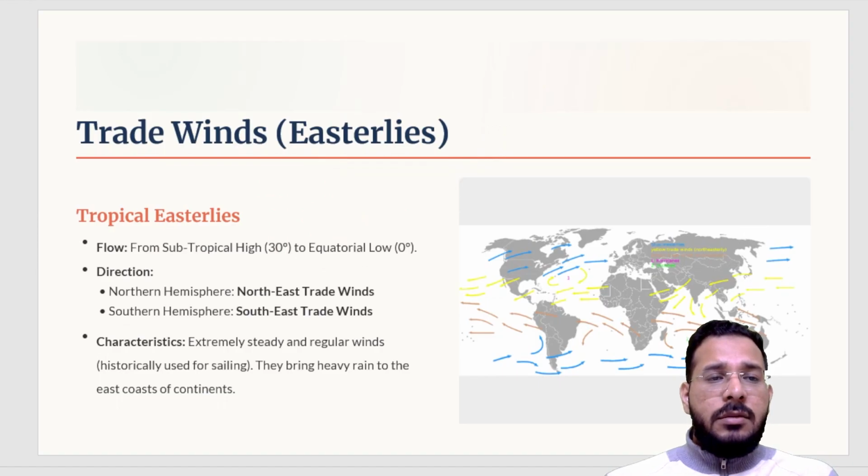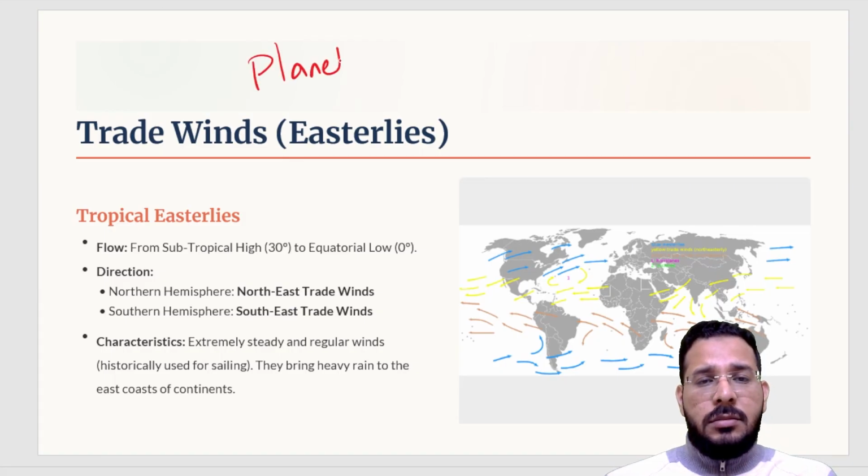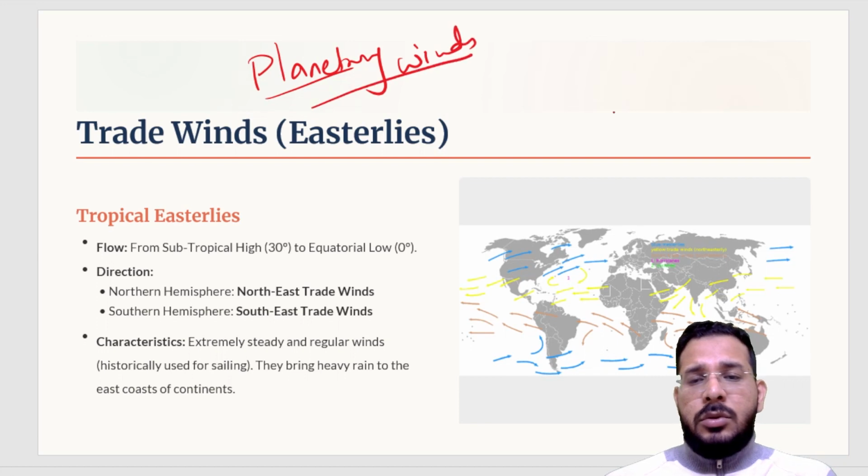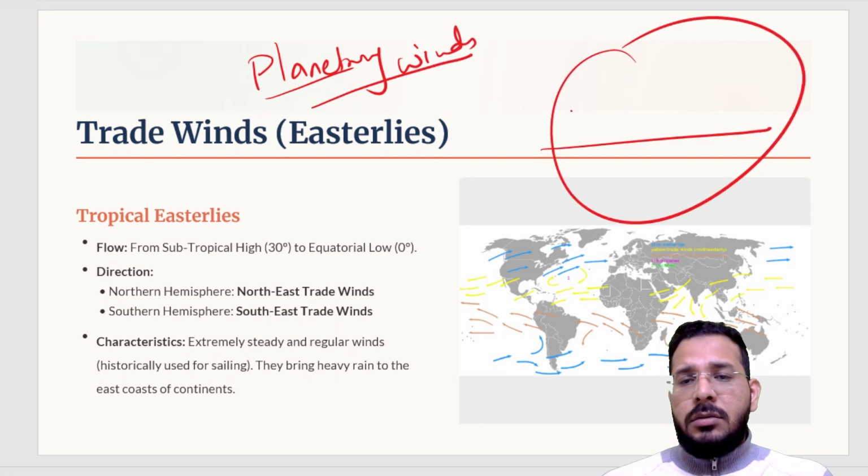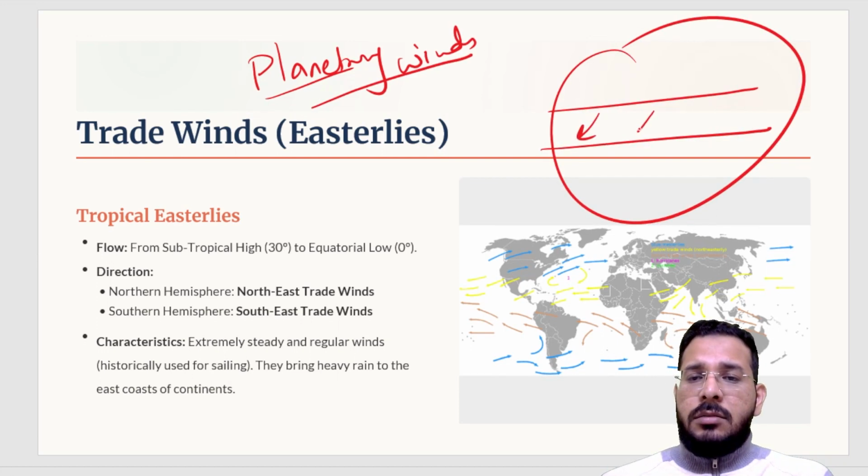Then we have trade winds. These are called planetary winds. Those winds which are moving between the subtropical high pressure belt and equatorial low pressure belt in the northern hemisphere and southern hemisphere are called the trade winds.